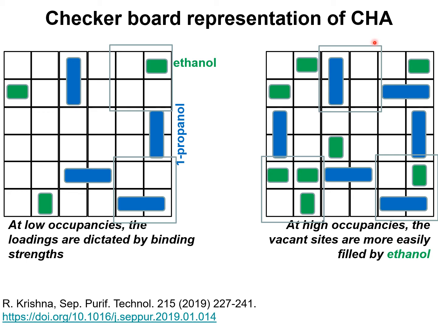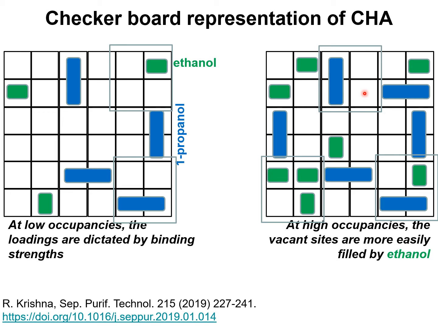Let's consider another cage of Chabazite zeolite here. There is 1 propanol occupying 2 adsorption sites, and 2 adsorption sites are free. There are 2 alternatives.